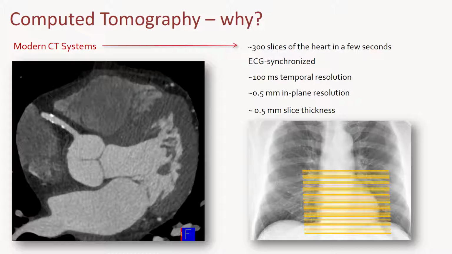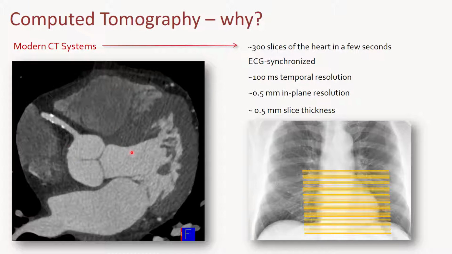And to understand why CT is particularly useful, let me briefly explain what most of you probably know, that modern CT systems have become very good. They can acquire approximately 300 very thin slices that cover the volume of the heart in a few seconds. The temporal resolution of a single image is typically approximately 100 milliseconds, so you can freeze the motion of the heart and show it without any motion blurring.